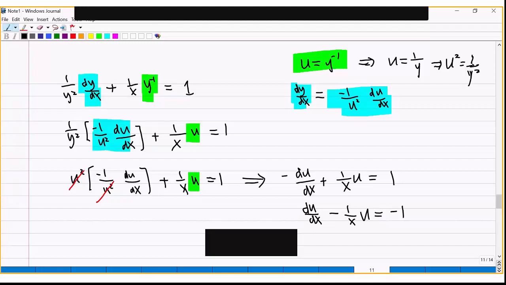This is the equation in u and x now. No more y. All the y have canceled away, eliminated.